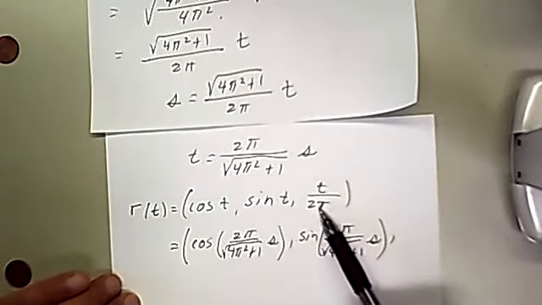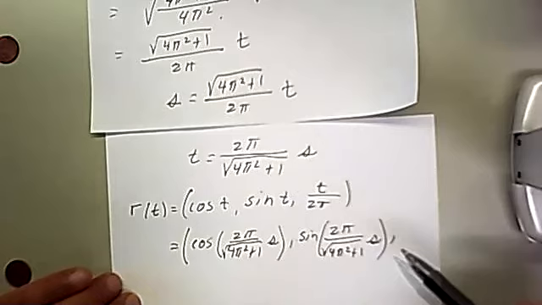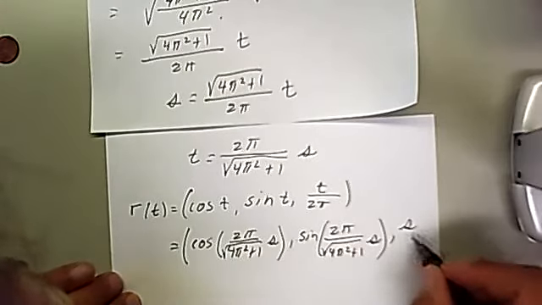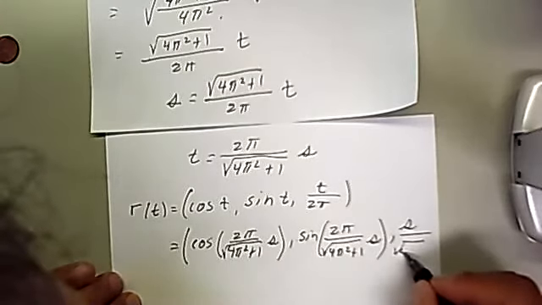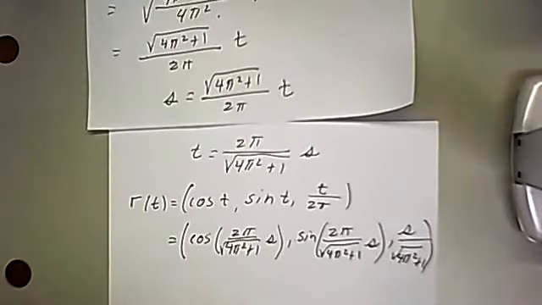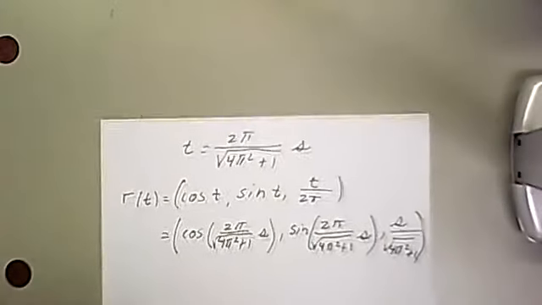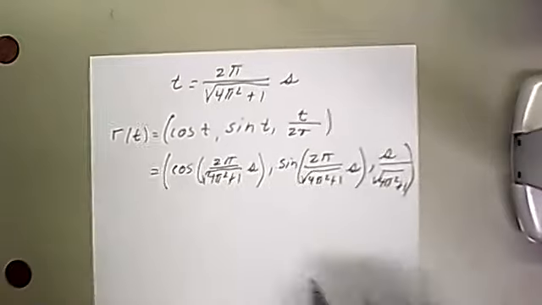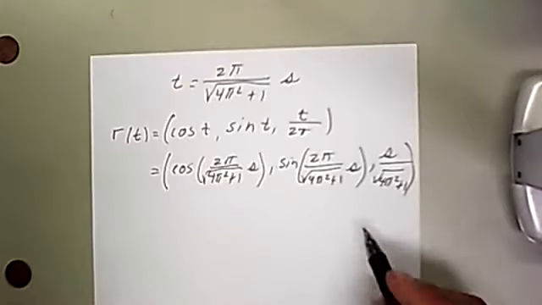When we divide by 2 pi, the 2 pi will vanish, so we end up with s over the square root of 4 pi squared plus 1. Whoa, I barely had room to write that on one line. Okay, so that is now a function of s.